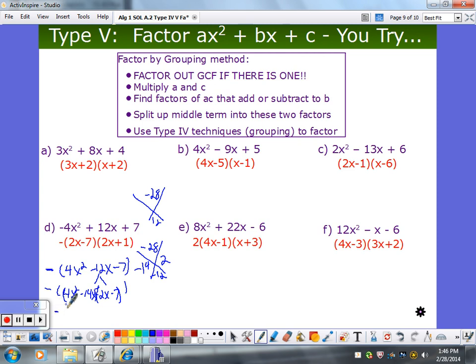So it's negative, let's see, 2x rather, x minus 7, minus 2x minus 7. And then I take out that 2x minus 7. And what's left? I can't even read my own writing. Looks like 2x minus 1. And, let me try again.